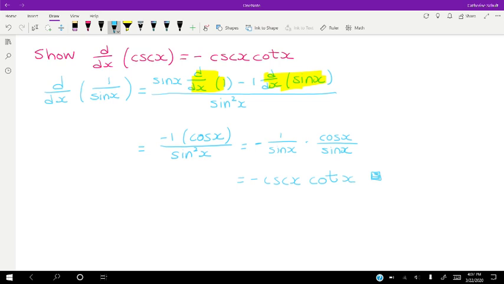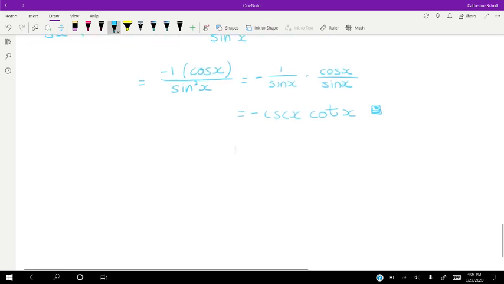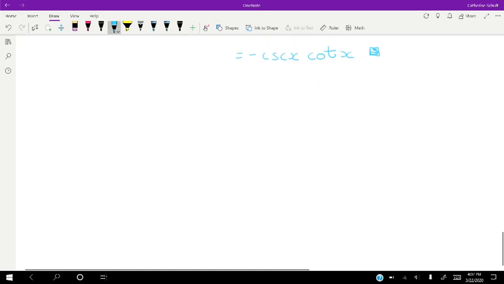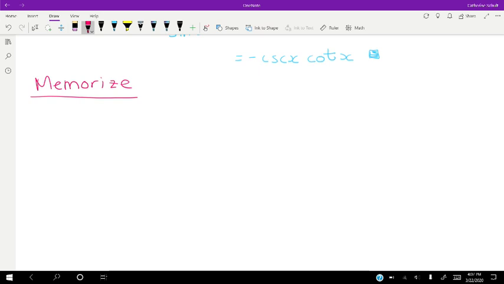Okay, excellent. So we have 4 of the trig functions and their derivatives, but we have 6 trig functions altogether. So feel free to try to prove those other 2, but for now, let's start memorizing all 6 of them. I'll write them all in one spot.